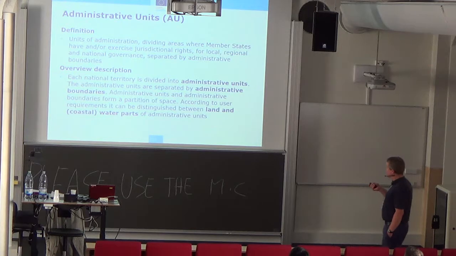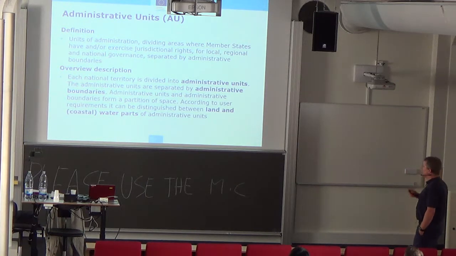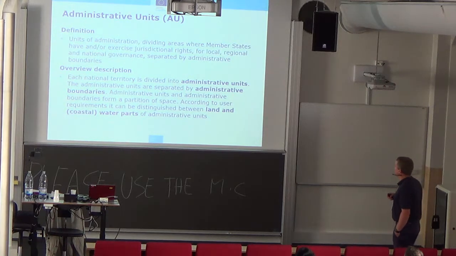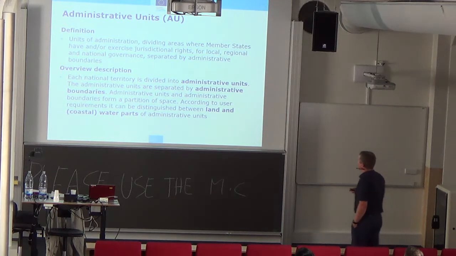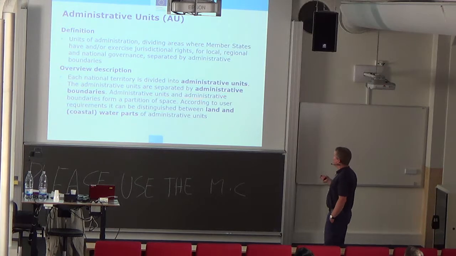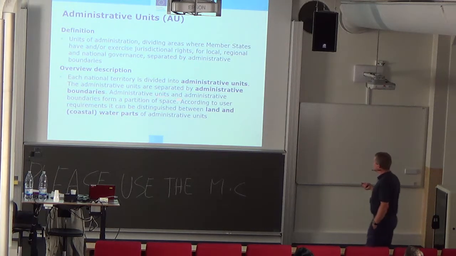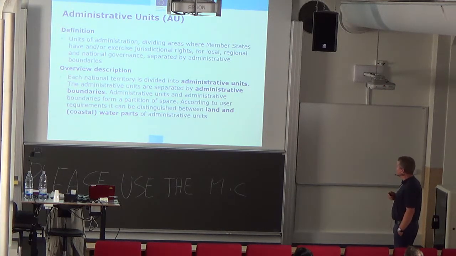And then there is a bit wider definition which says that each national territory is divided into administrative units. Administrative units are separated by boundaries, and units and administrative boundaries form a partition of space, which is logical. According to user requirements, it can be distinguished between land and coastal or water parts of administrative units. So this is something new.